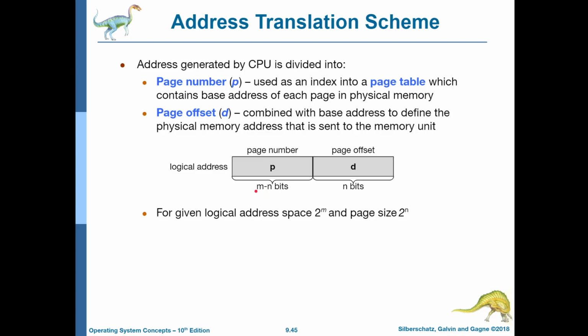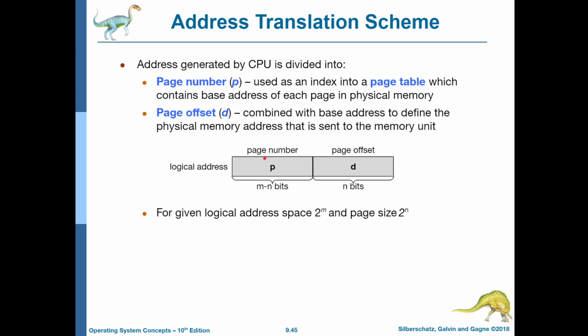Now let's say my logical addresses are 32 bits in length. Well, if I have a 32-bit logical address minus the 12 bits of the page offset, that gives me 20 bits for a page number. In effect, I'm allowed to have 1 million entries in my page table.